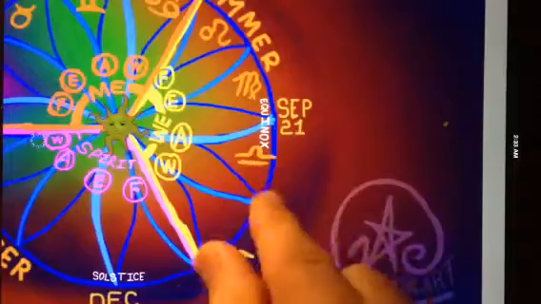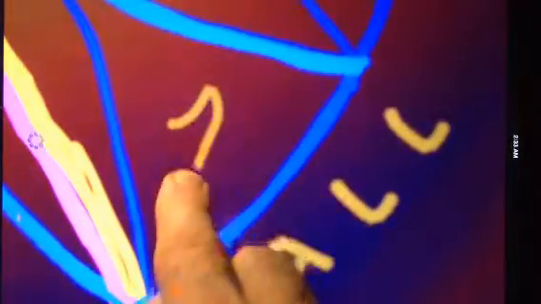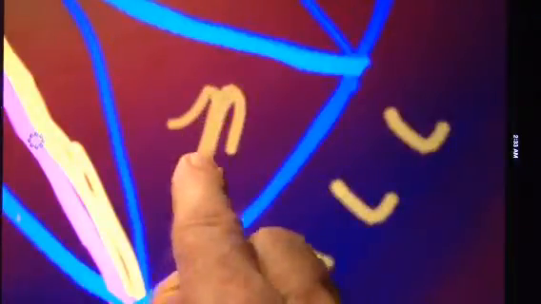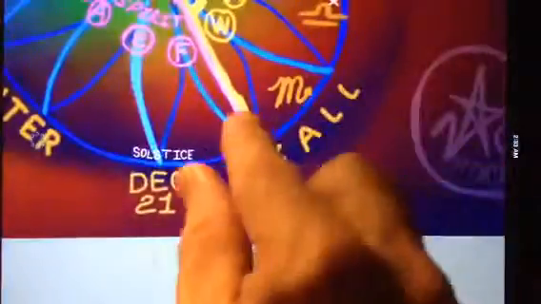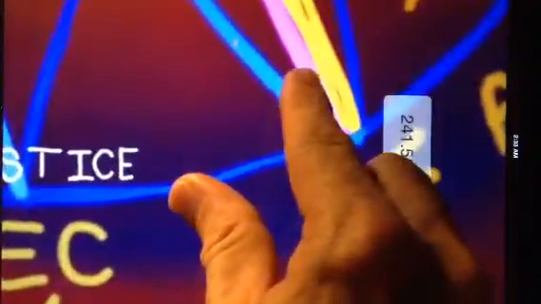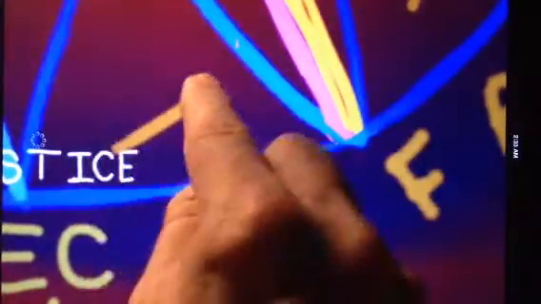And then after Libra, we come into Scorpio. And then after Scorpio, we have Sagittarius.